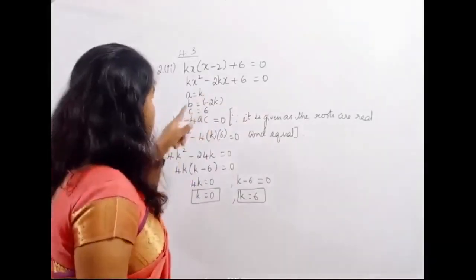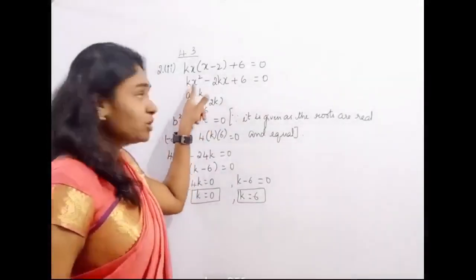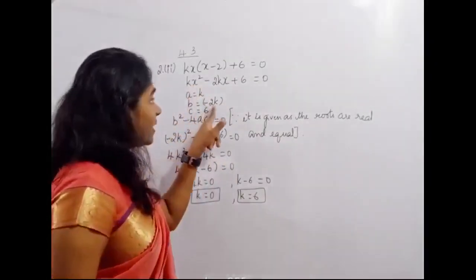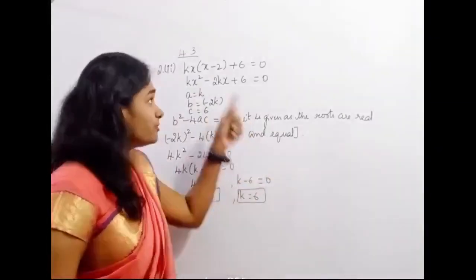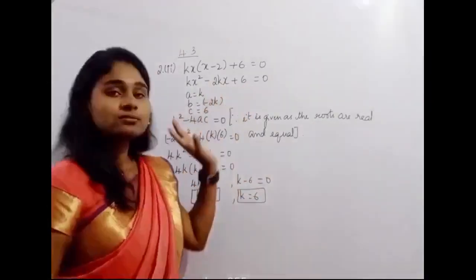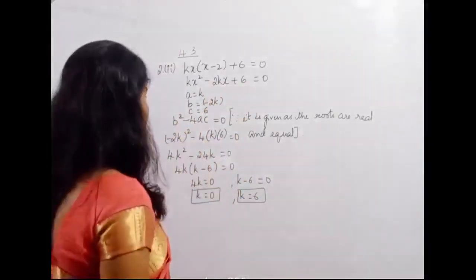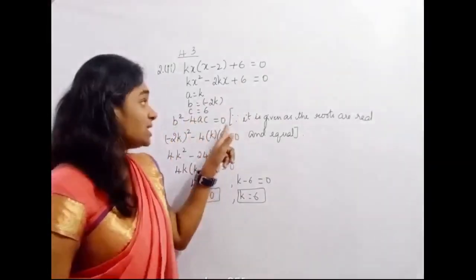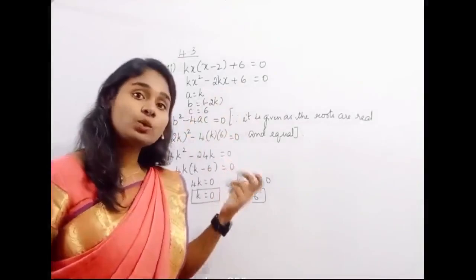So now if you notice, it is in the form of the standard quadratic equation ax square plus bx plus c equal to 0. Right? So now a value is k because the coefficient of x square is k. b is equal to minus 2k because the coefficient of x here is minus 2k. And c, the constant, is 6. Right. Now substituting the values in b square minus 4ac is equal to 0. Why have we equated it to 0?